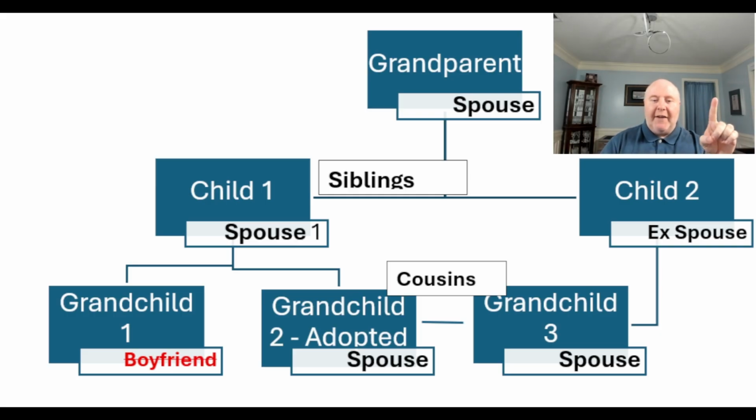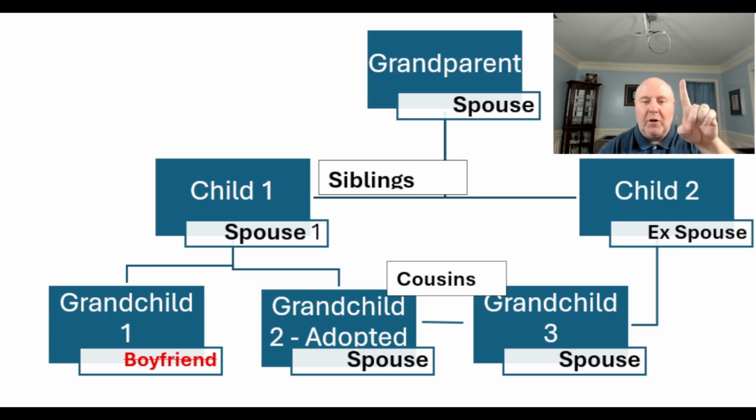Then from child 1, we have grandchild 1 and grandchild 2 who's been adopted. Hey, that's okay, right? We can have adopted. Stepchildren, no, but adopted, sure. So grandchild 1 and grandchild 2 are still part of that same family.